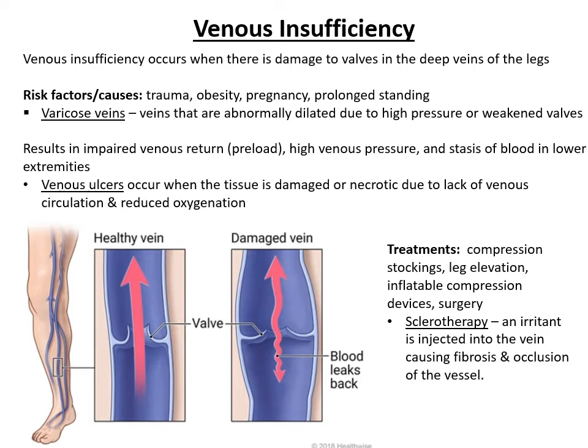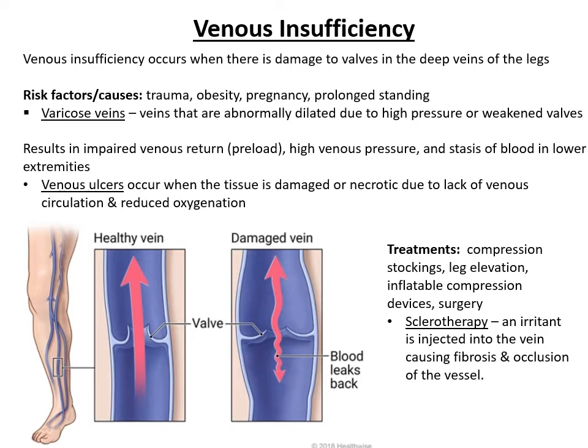So now you're left with weak, leaky valves in the veins that don't allow for one-way flow. You're going to have pooling of your blood in the legs. You'll have edema.